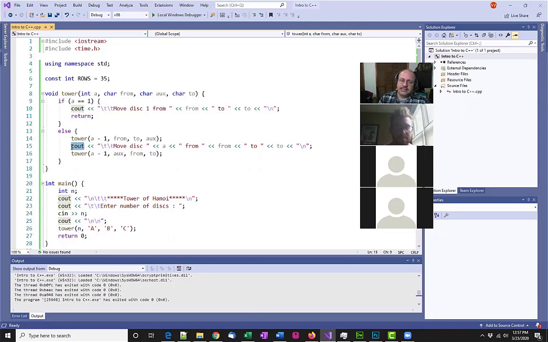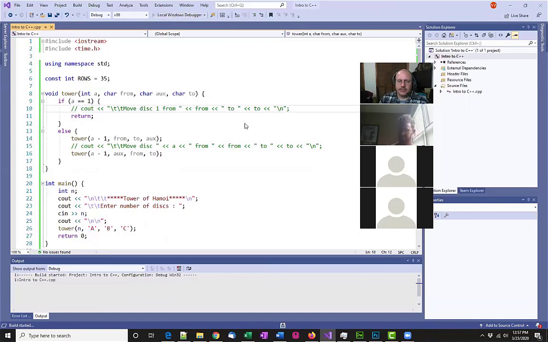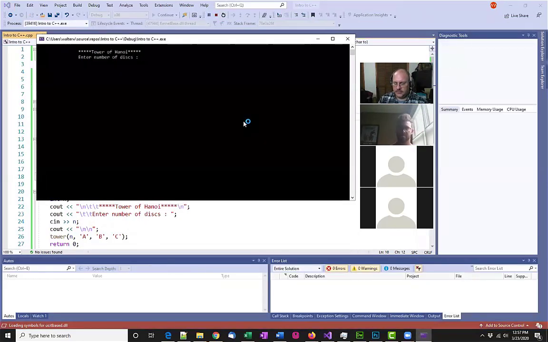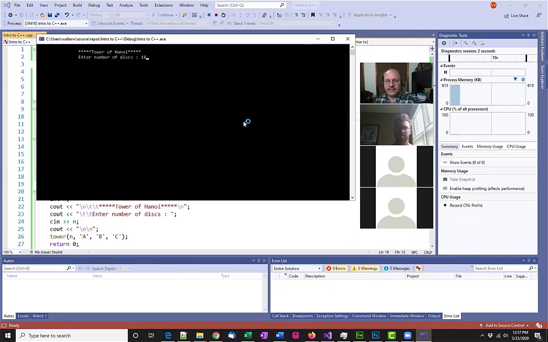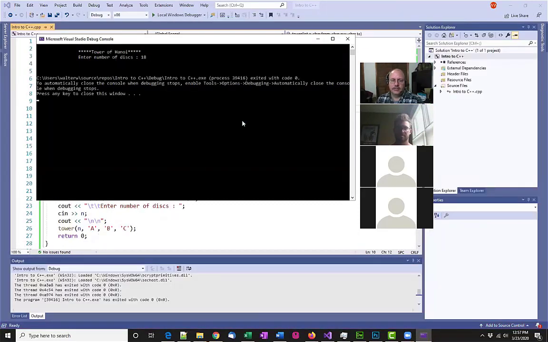If you took this out, would it be much faster? Yes. Just to give you an idea, of course, we don't get to see what it's moving, but if I comment out my cout statements, the last one took like 1 minute 20 or something like that. Saw how much faster I was?